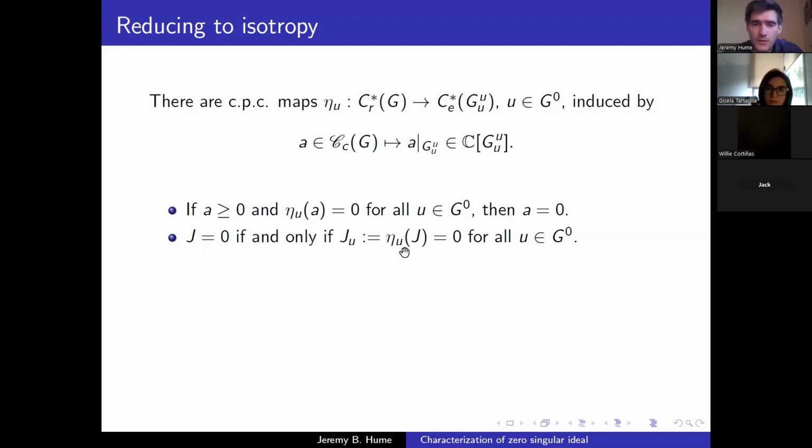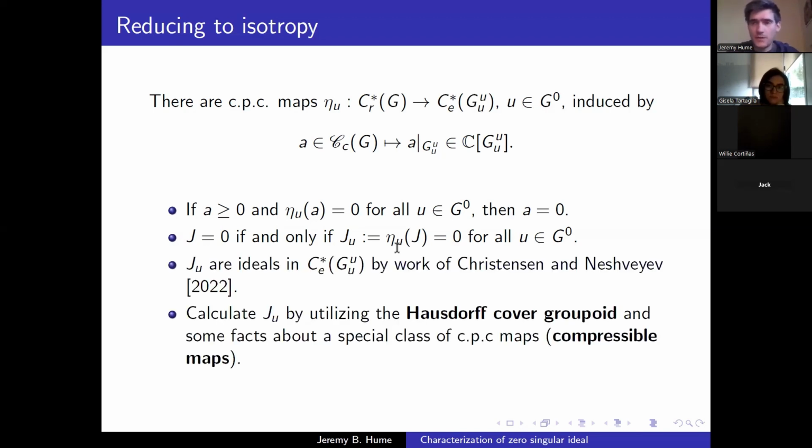We'll denote the image by J lower U, and these are called the isotropy fibers of the ideal. These are defined in general for ideals in reduced groupoid C-star algebras.